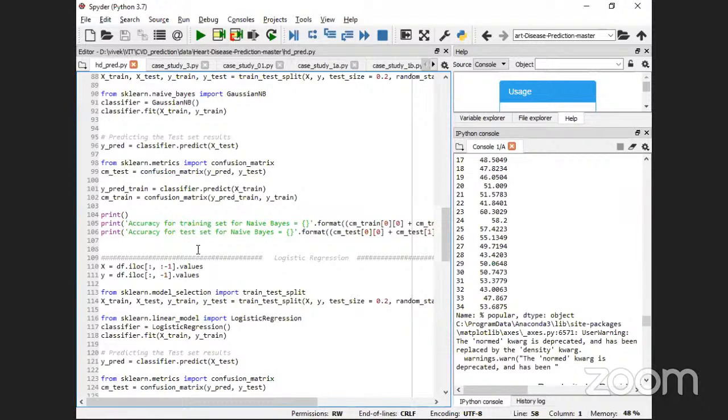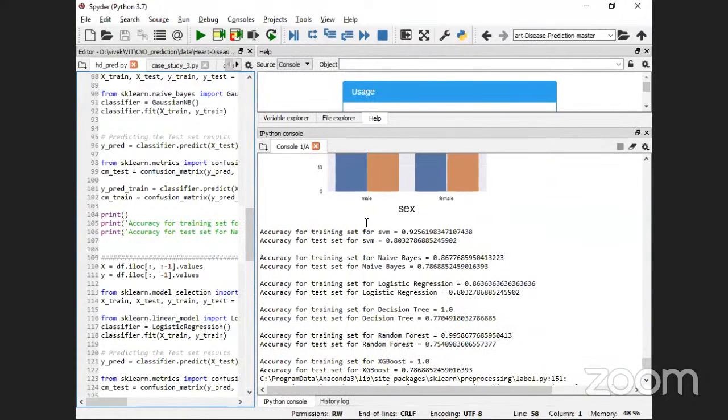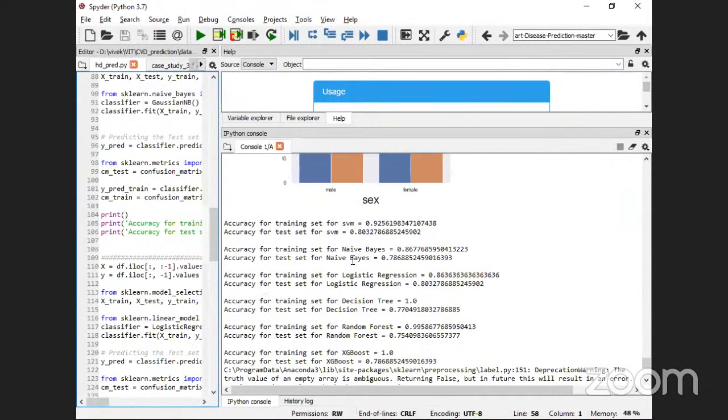When I share the code taken for this case study, you can also attempt it and try to understand how these algorithms perform with respect to this data set. Now you can see the accuracy generated by different algorithms mentioned here. On testing samples, we see 80% accuracy generated by SVM, then 78%, and here 80.3.